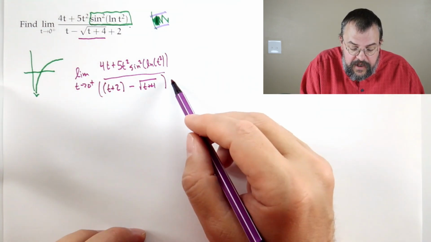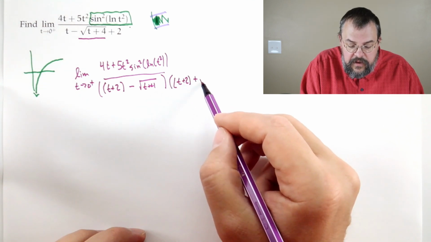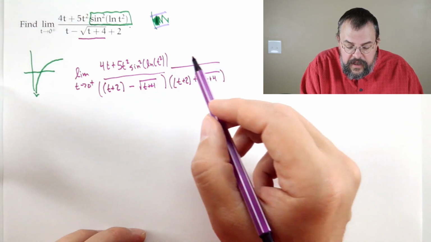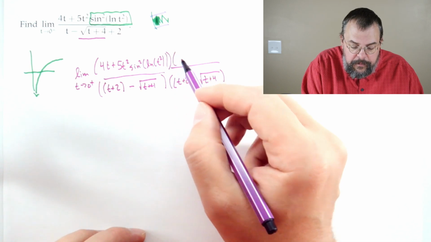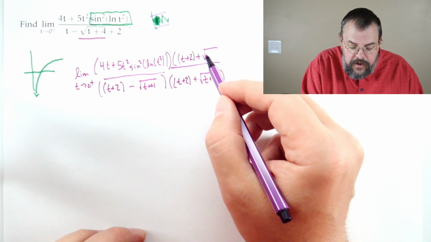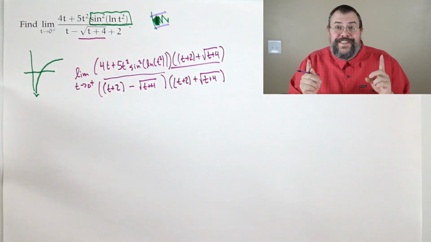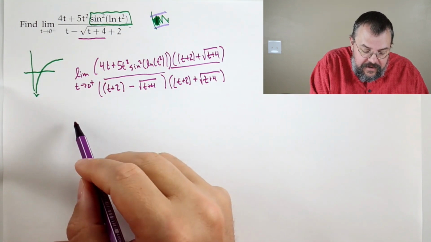Now we're going to multiply by the conjugate, t plus 2 plus the square root of t plus 4. And if we do that to the downstairs, then we also have to multiply the upstairs by t plus 2 plus the square root of t plus 4. All right, progress. Well, maybe. What happens when we multiply everything downstairs?